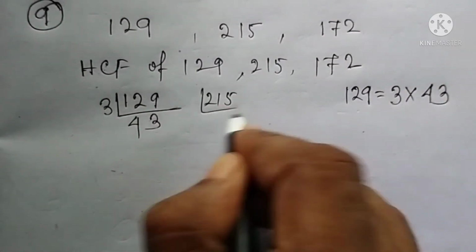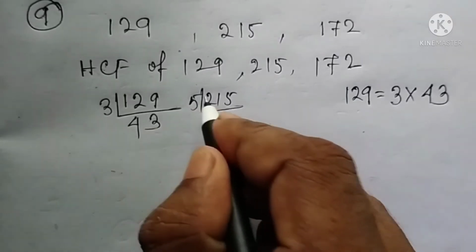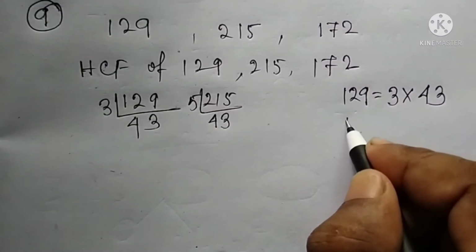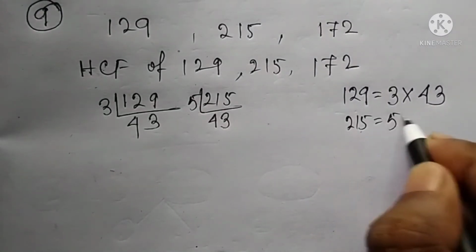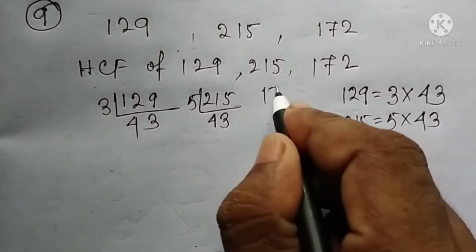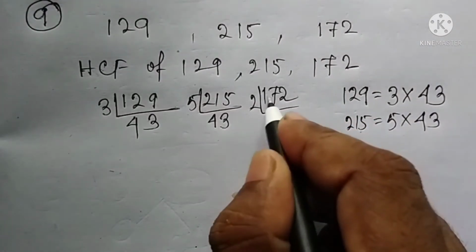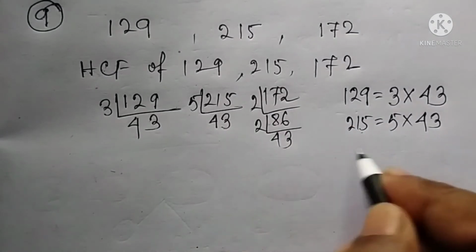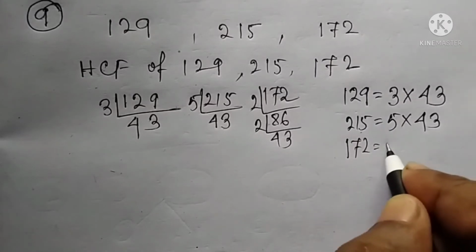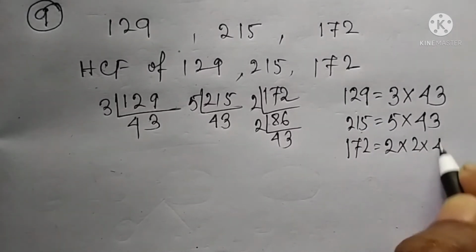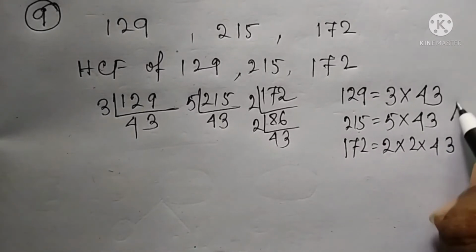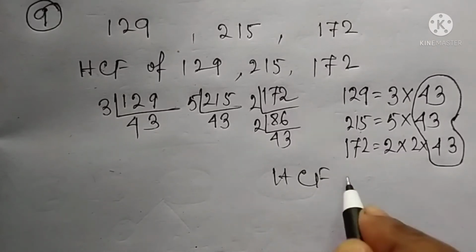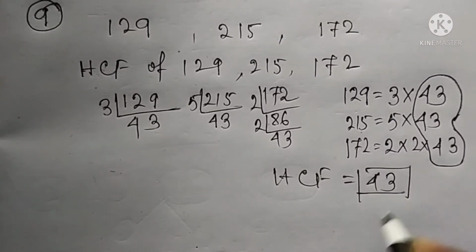Next, 215 is divisible by 5, 5 43s are 215. So the prime factors are 5 into 43, and the factors of 172 are 2 into 2 into 43. So try to find the common factor between these. Here 43 is the only common factor. So our HCF is 43 and this is our answer.